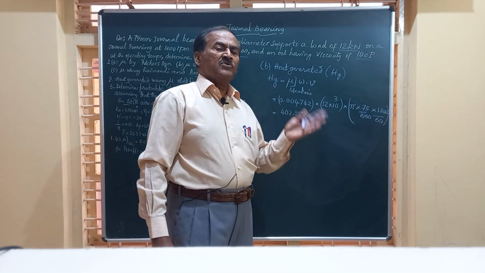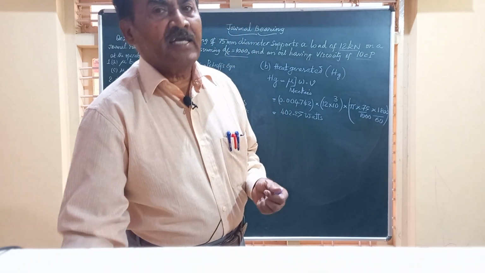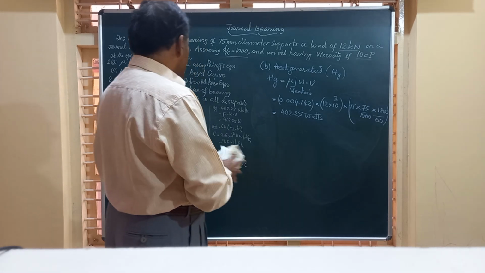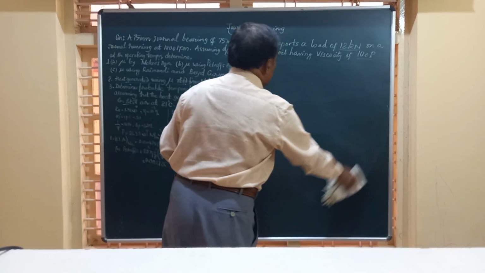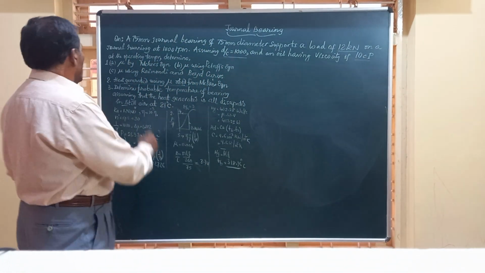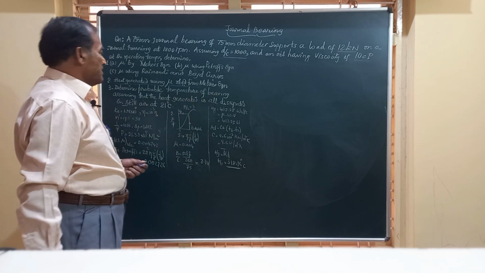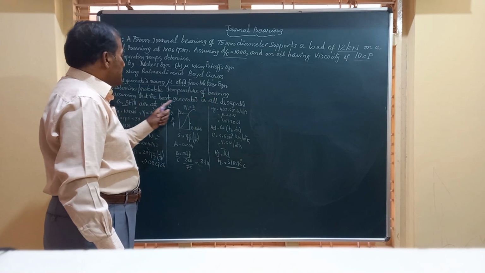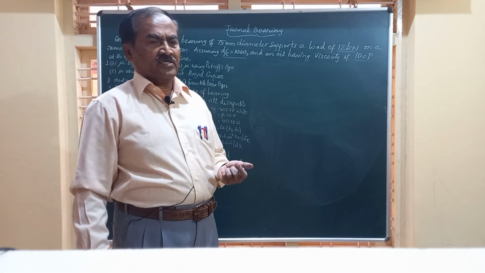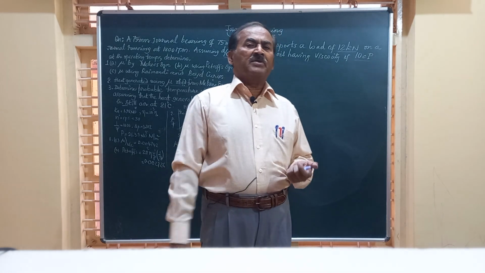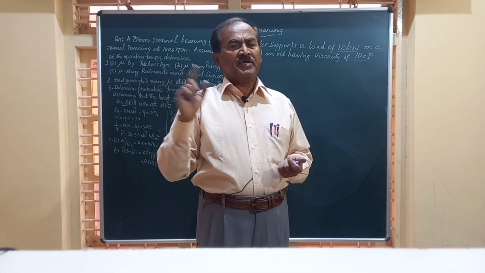Friends, we also have an equation to calculate the heat dissipated or removed from the bearing. In the third part, we have been asked to determine the probable surface temperature, assuming that the heat generated is all dissipated. In this journal bearing, we have heat generated and heat dissipated.